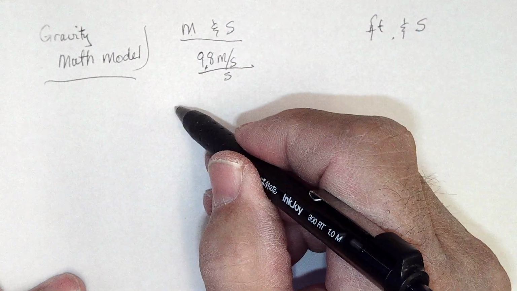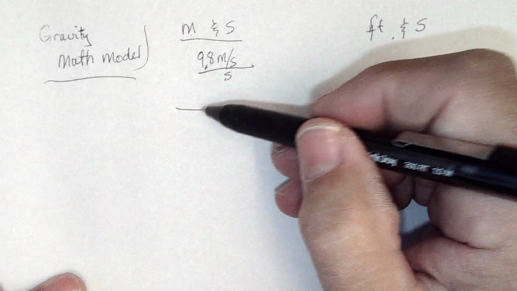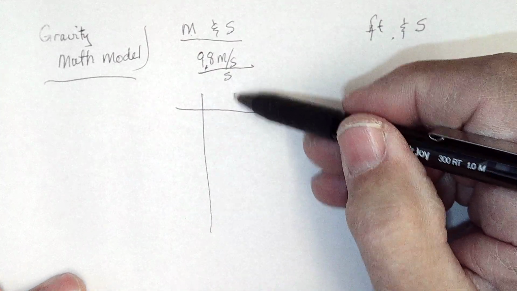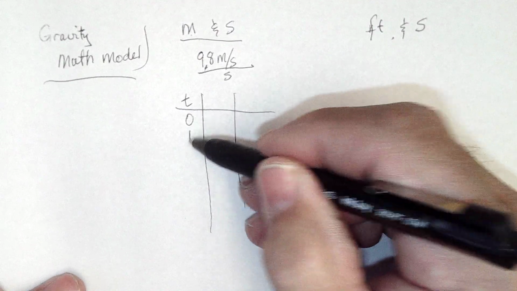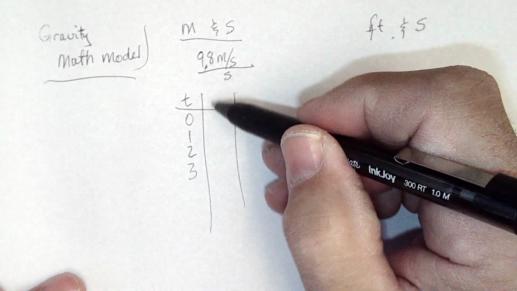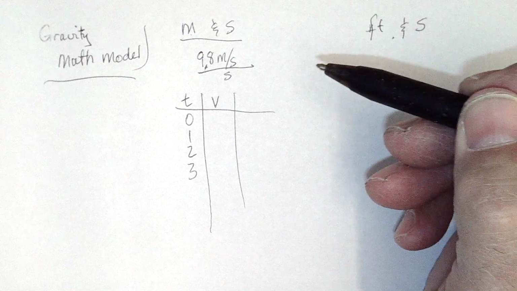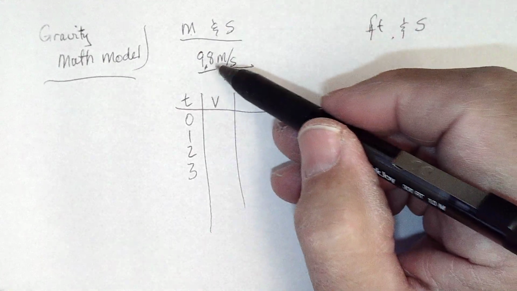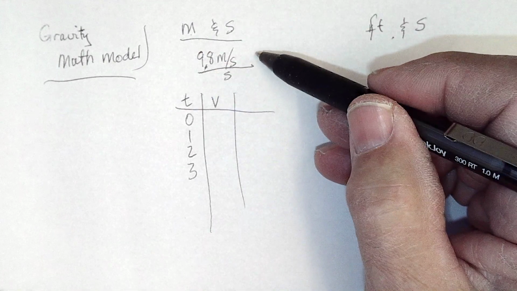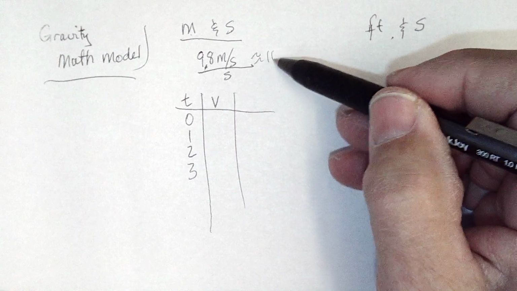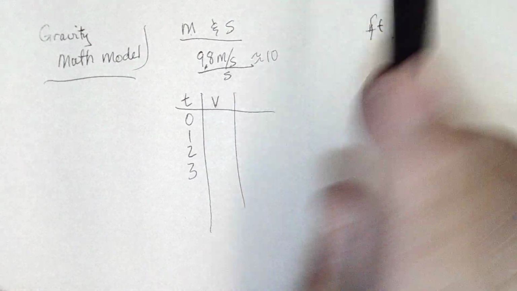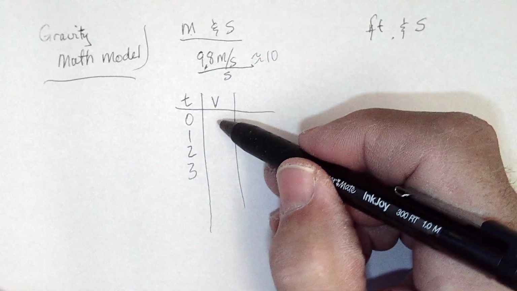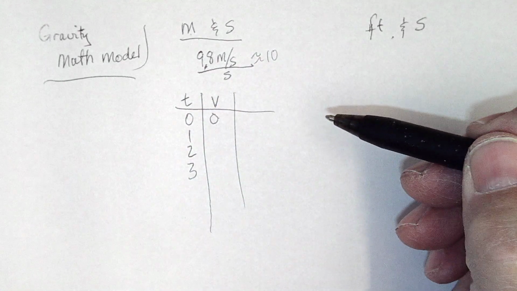So I'm going to make a little table here, and then I'm going to do it again for the feet per second. So I'm going to say the time is 0, 1, 2, 3, and how fast it's falling, the velocity. I'm going to round this off to approximately 10 for the moment. If I'm just dropping an object, it's going 0 at the beginning.